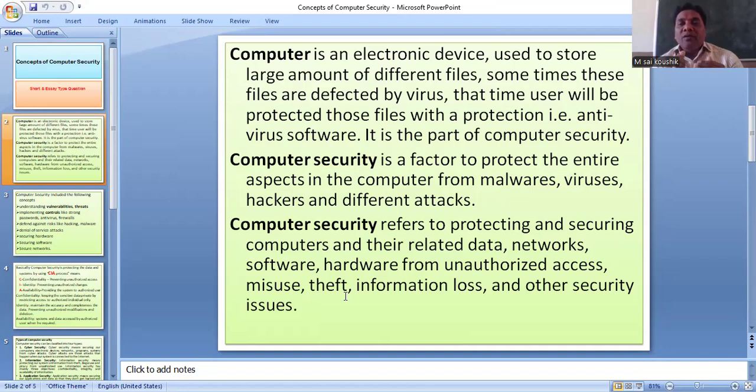The third paragraph is about the concept of computer security: what is the role of computer security and what is computer security? Computer security is a factor to protect or secure the entire aspects in the computer. Aspects are things like documents, PPTs, folders, files, images, and diagrams.